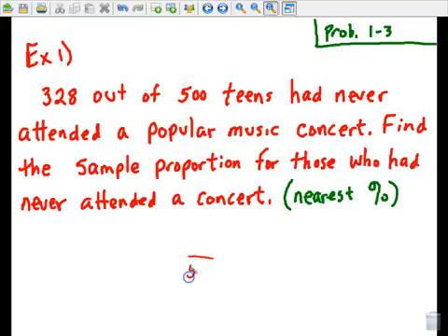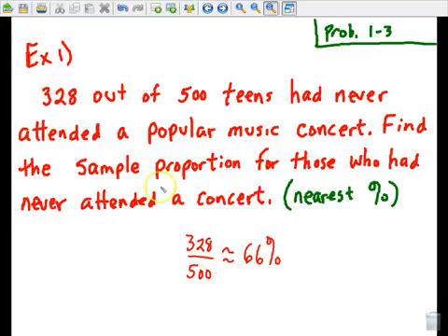So 500 is our sample size, and 328 is the number of those that had never attended. Our sample proportion is literally this fraction in percent form. So we take our calculator and do 328 divided by 500, and we get 0.656. We round to the nearest percentage, and so my answer here would be 66%.